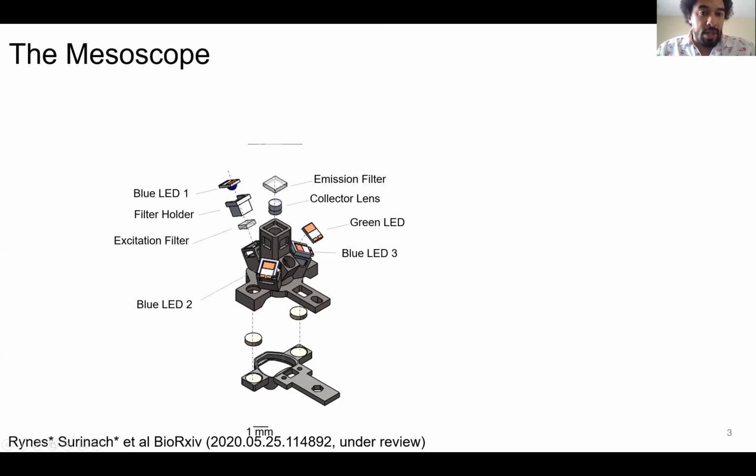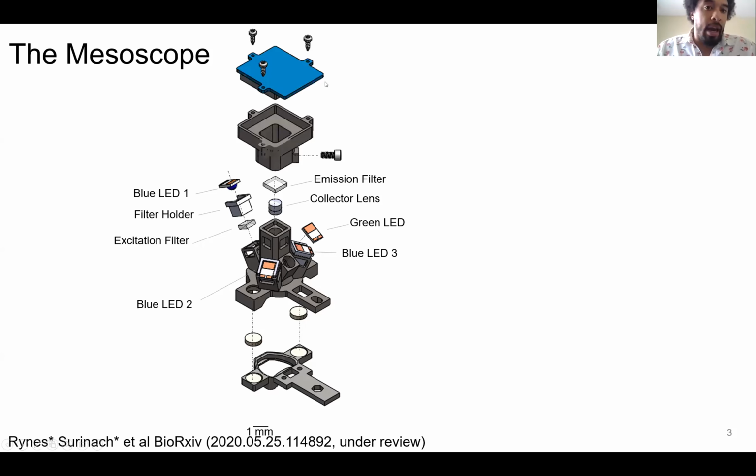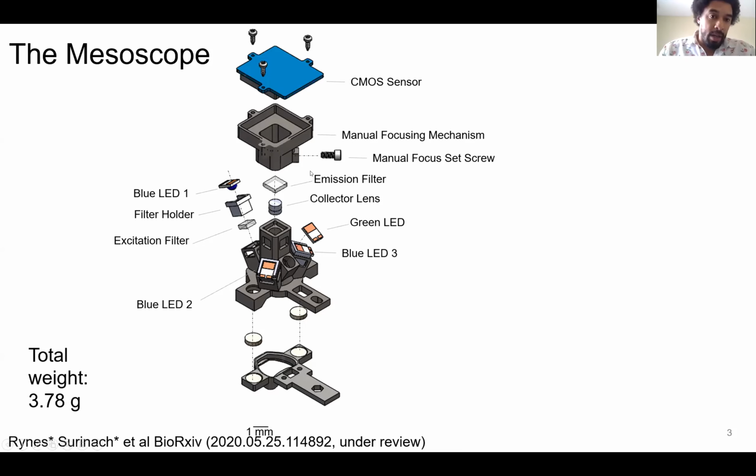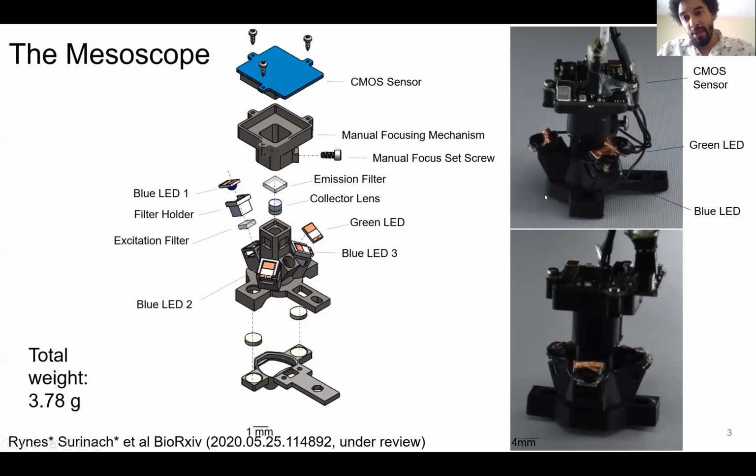Next, all of the signals are captured through a collector lens and filtered to the emission band of our GCaMP, and those signals are projected onto a CMOS sensor, which we can focus by moving the top portion of the device and fixing it in place using a coarse focus set screw. The entire device, when assembled, weighs 3.78 grams, which, as I'll show later in this presentation, is low enough to enable free behavior in mice. Photos of the device from 2 angles are shown on the right.